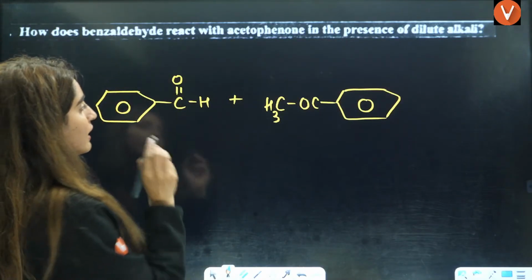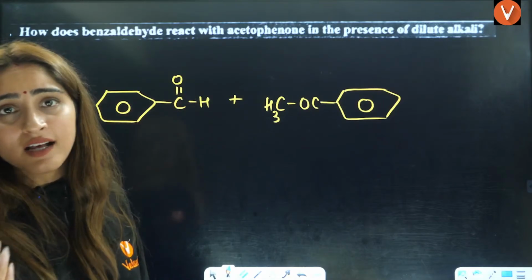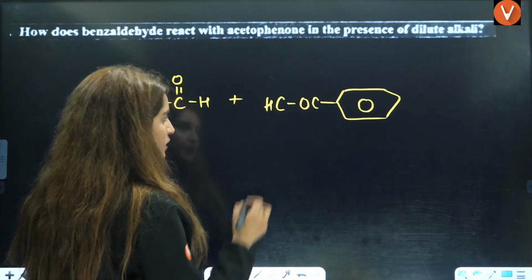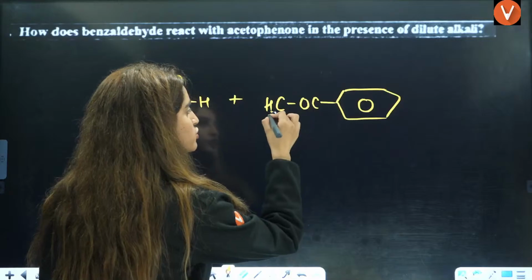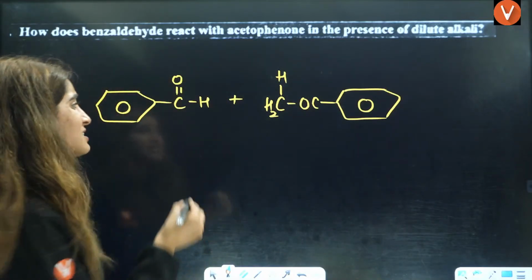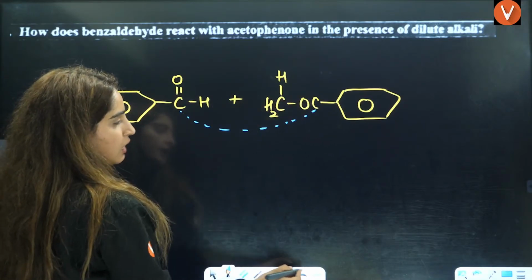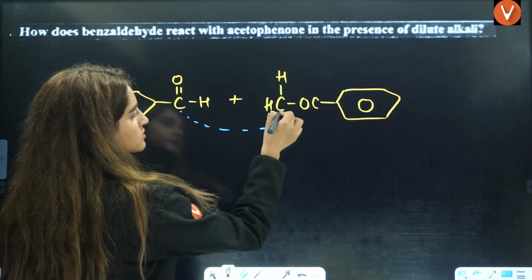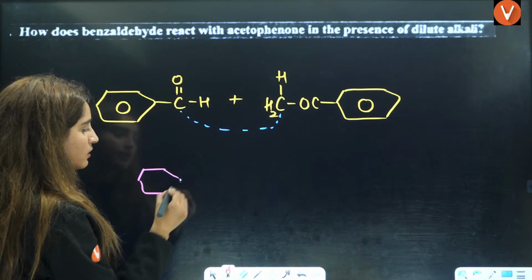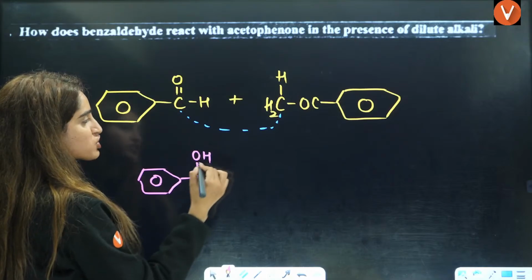Here, if you see, this is the one that has alpha hydrogen, so this will be regarded as CH2 and one hydrogen here. Now, what I told you, just attach the carbonyl carbon with the alpha hydrogen, that is this one. So once you attach this, you will have, this is benzene, this is C. This double bond is converted to OH.